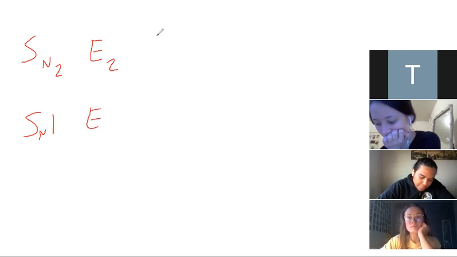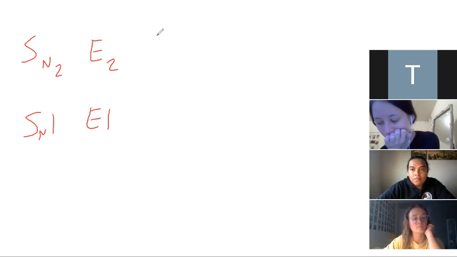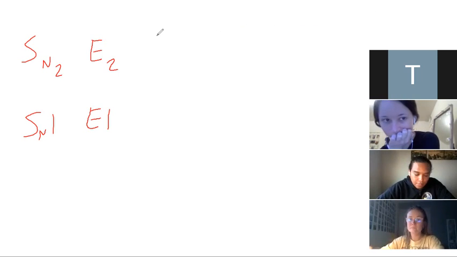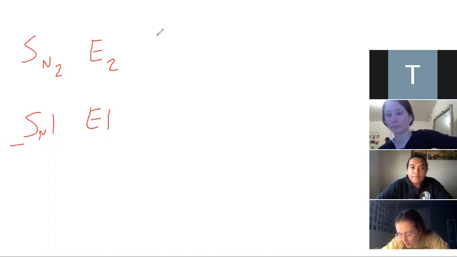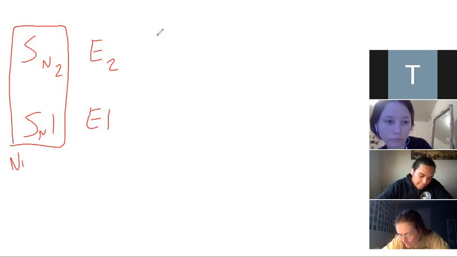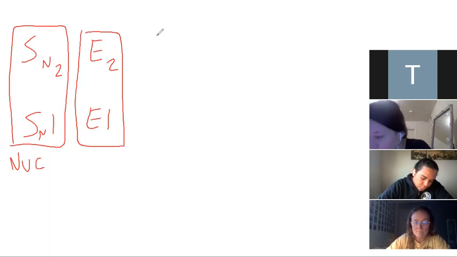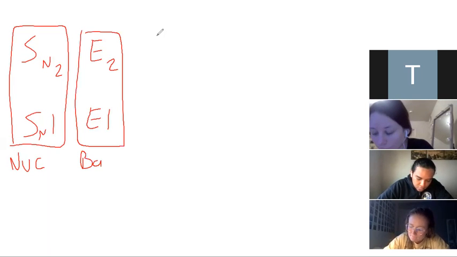And so really the whole trick of this is to figure out which of these reactions is going to happen. Essentially, for the most part, you're either going to have a nucleophile for your substitution reactions, or you're going to have a base for your elimination reactions. And so you just have to figure out what it's going to be.